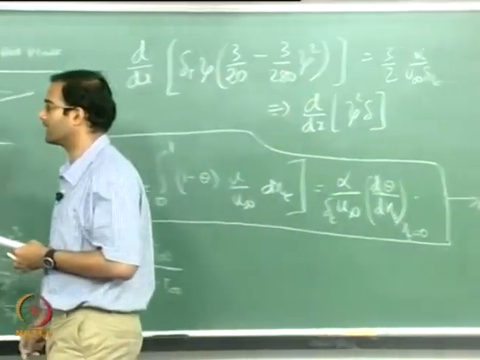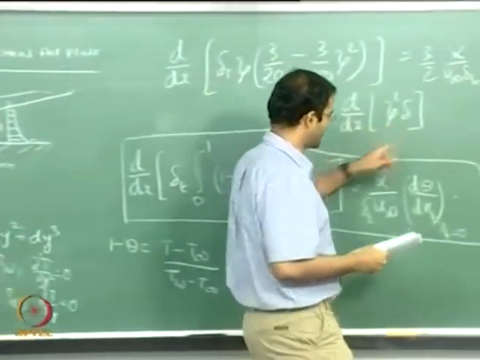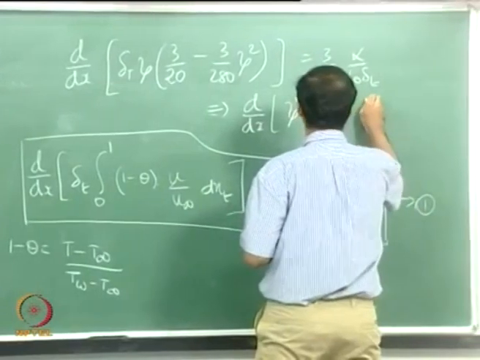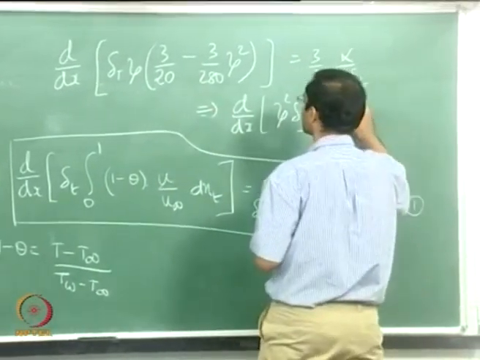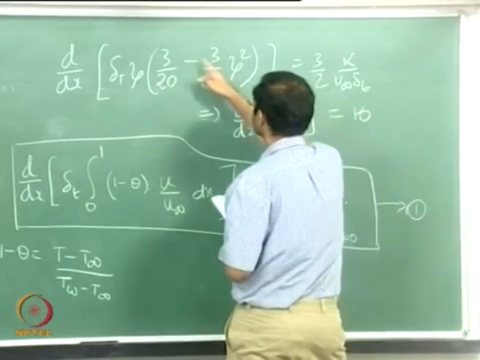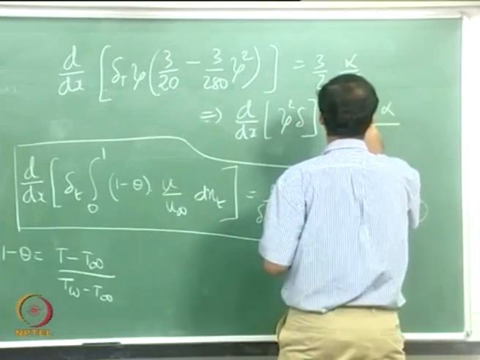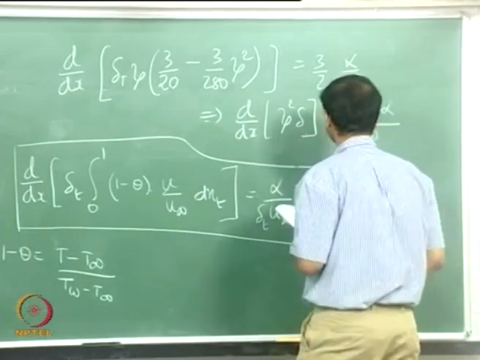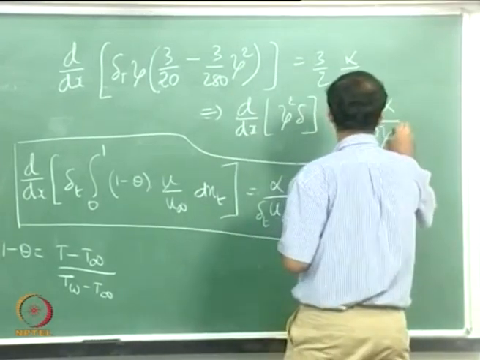Once again I can write delta t as zeta into delta, so therefore this has become zeta square delta. On this side I am taking 3 by 20 and factoring it out, this will become 10. Okay, so this cancels, this becomes 10 alpha by u infinity, and once again delta t I can write in terms of zeta and delta.